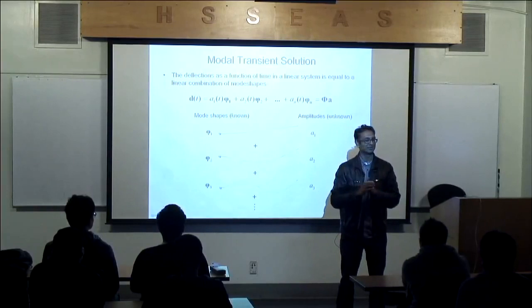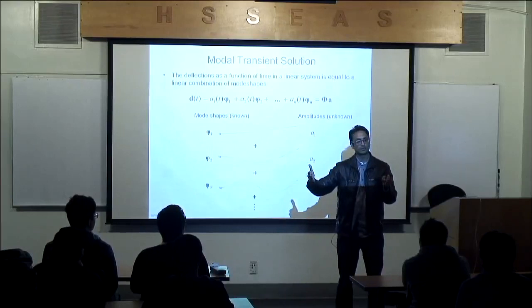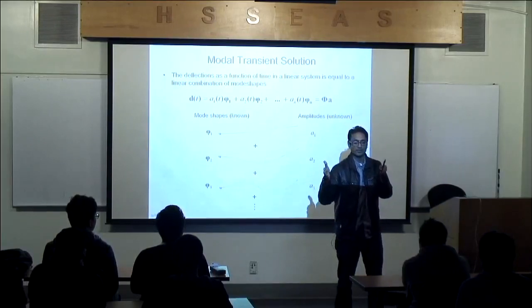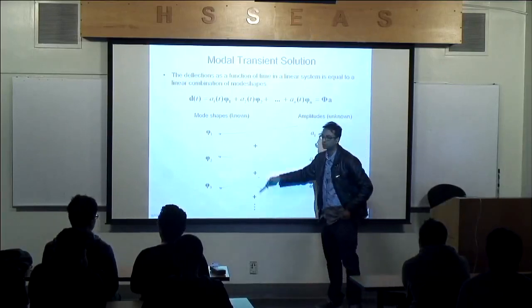Isn't that cool? Can I represent the deformation of any beam, of any condition I apply to that beam? The deformation of that beam is going to be made up by a linear combination of these mode shapes.